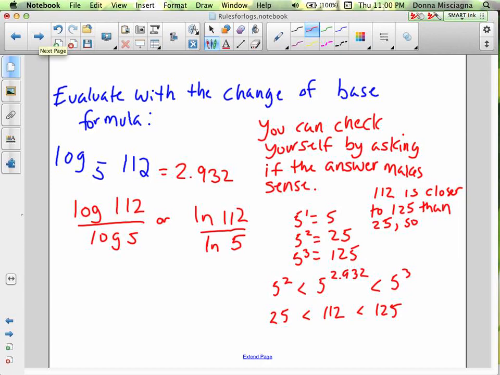So the exponent, our answer, should be closer to 3 than 2. And it is. All right?